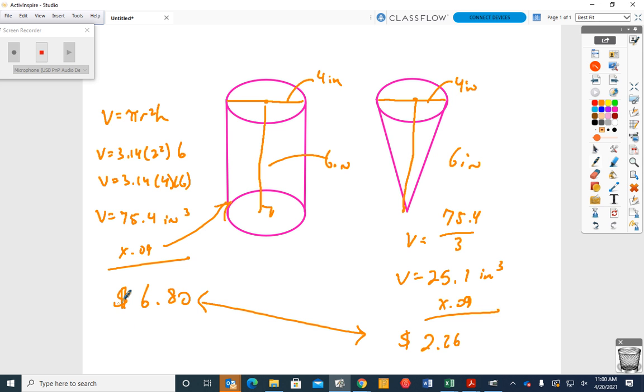Subtract. So $6.80 minus $2.26, and what would I get? $4.54. So my final answer is $4.54. Do you see how we were able to find that? Yes? All right. I'm about out of time, so we'll continue this tomorrow. I'm not going to give you homework tonight.